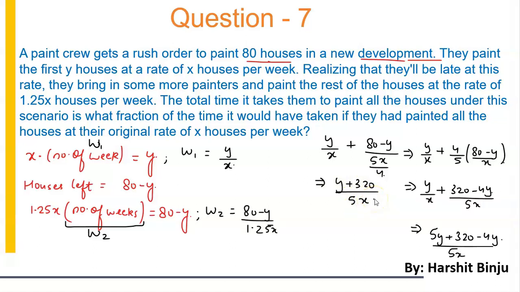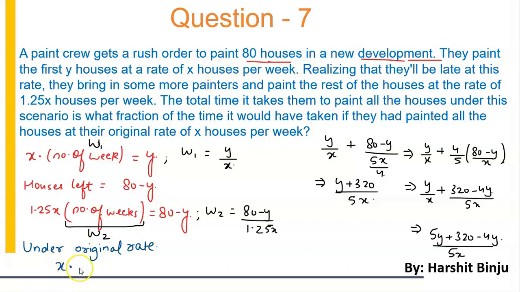The total time it takes them to paint all the houses under this scenario is what fraction of the time it would have taken if they had painted all the houses at their original rate. Now, if they would have done it at the original rate, they're working at a rate of X houses per week.